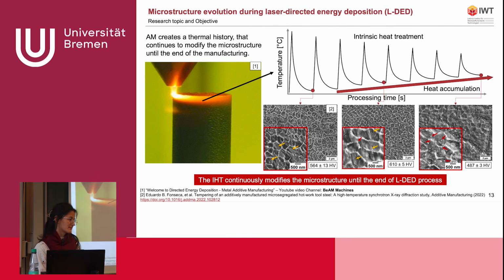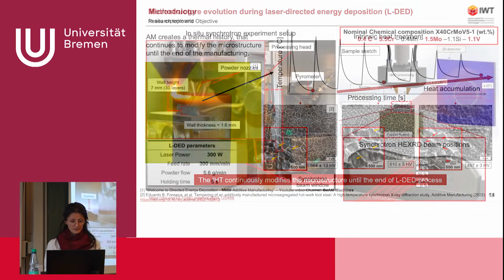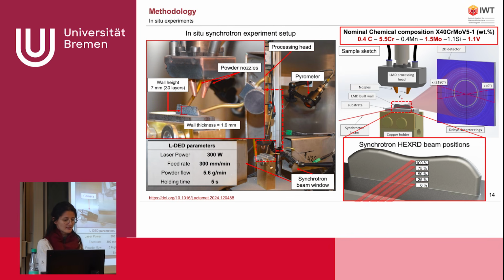And all this will create a very heterogeneous microstructure along the whole sample. For example, here we can have such a microsegregation here, and here it starts like the presence of second phase precipitates here, depending on where we are in the sample. So in our case, we did a laser metal deposition sample in the synchrotron at DESY.